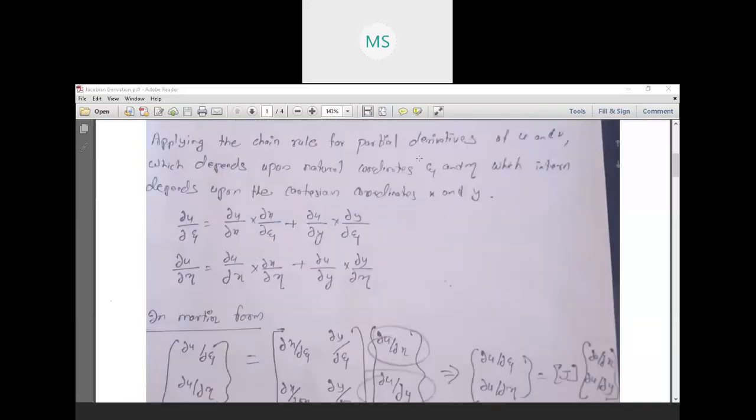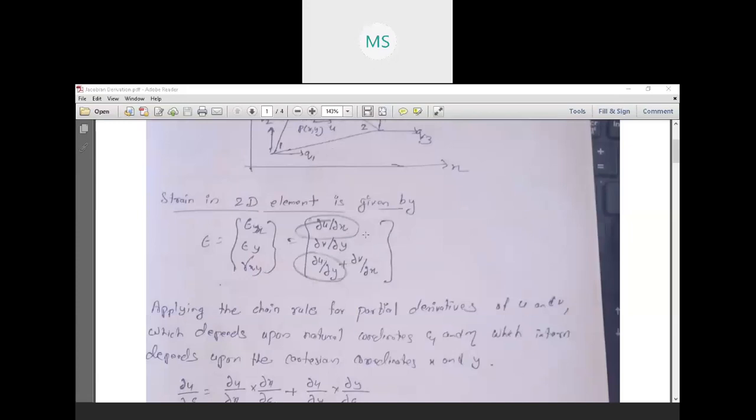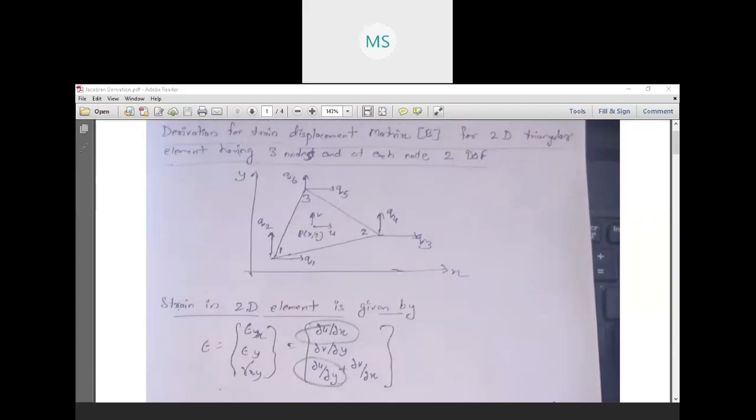Applying the chain rule for the partial derivatives of u and v, which depend upon the natural coordinates eta and zeta, which in turn depend upon the Cartesian coordinates x and y. So what we are going to do is apply the chain rule. Why? Because we want to find this, and directly we cannot find this because we have to relate the Cartesian coordinate with respect to the natural coordinate system.